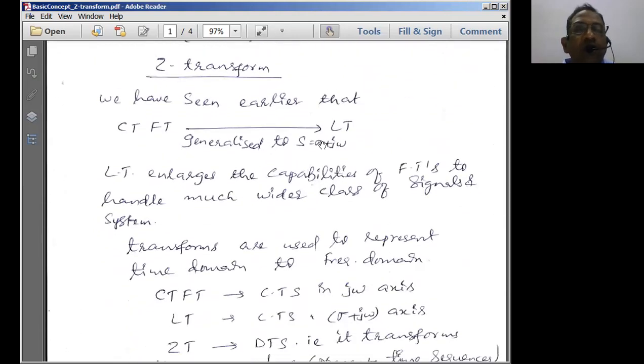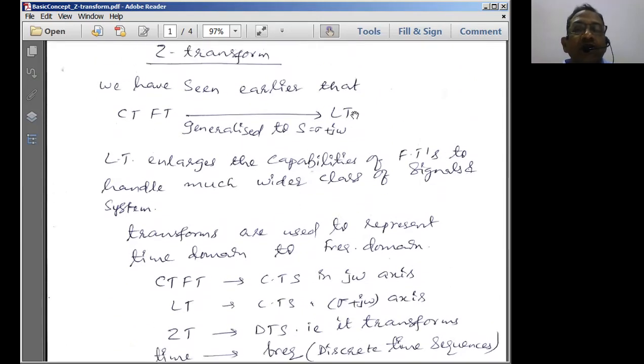And let us look into the Z transforms. We have seen earlier that the continuous time Fourier transform is generalized to get a Laplace transform. The generalization formula we have taken is s equal to sigma plus j omega, where the continuous time Fourier transform depends on just j omega, while the Laplace transform depends on sigma plus j omega.